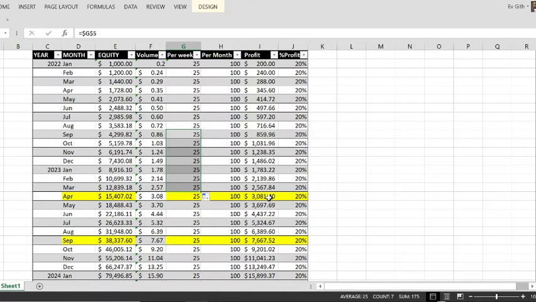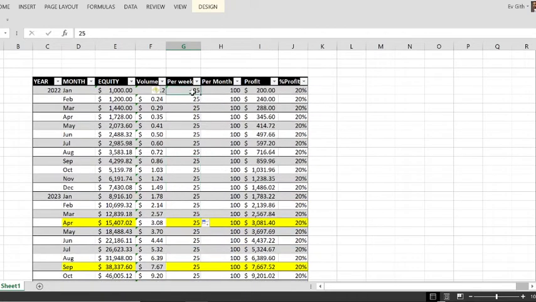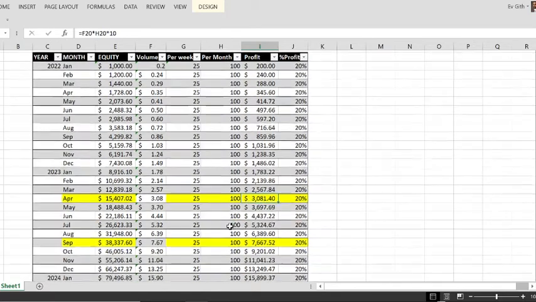That's it. I'm increasing the volume, reducing the number of pips, then compounding for 1 year, 3 months. We'll get this amount, $3,000 per month.